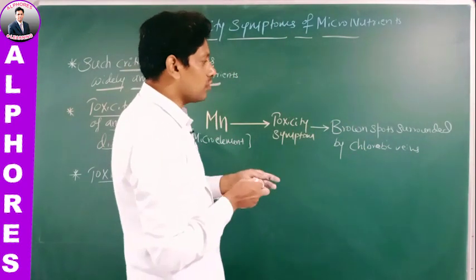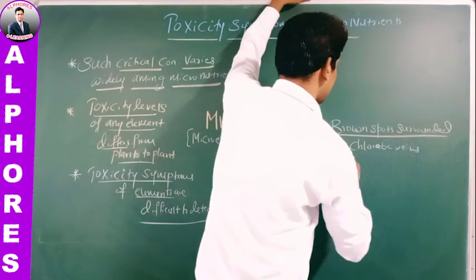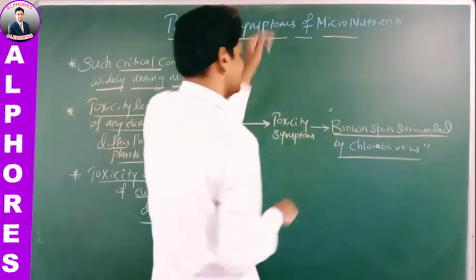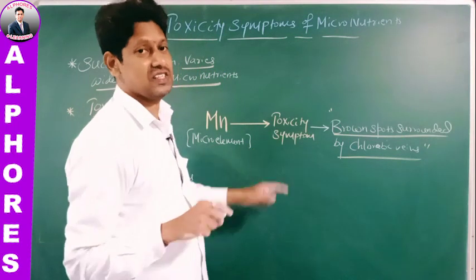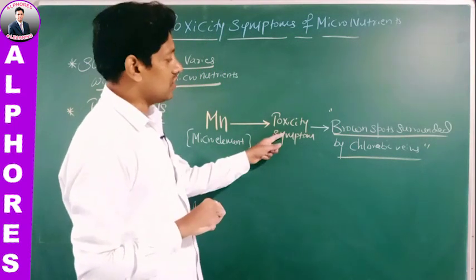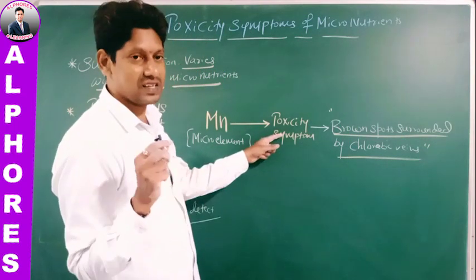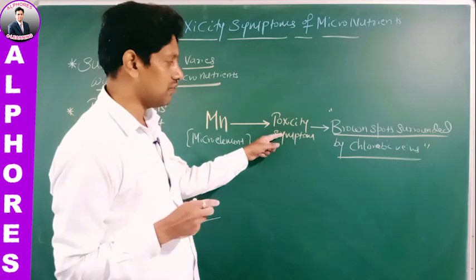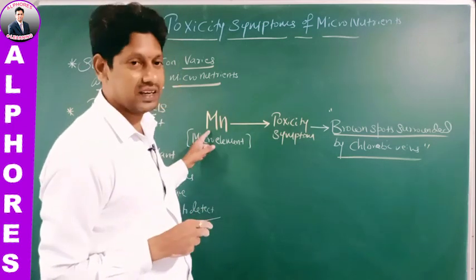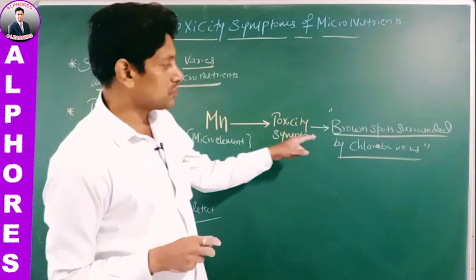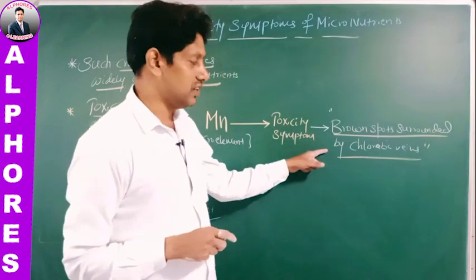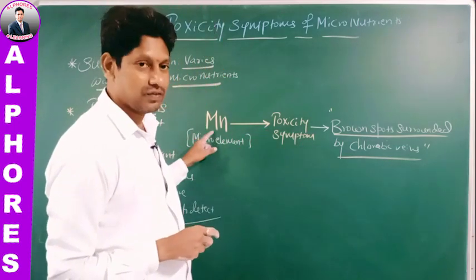Sir, this brown spots surrounded by chlorotic veins is a toxicity symptom. It's not a deficiency symptom. It is a toxicity symptom of manganese.